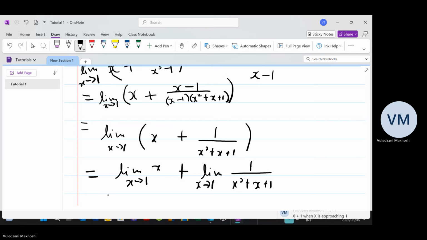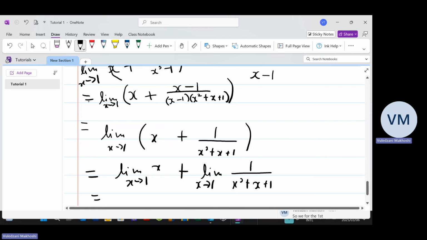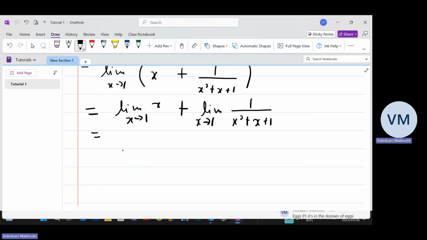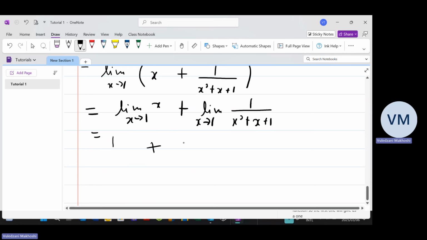So for the first limit, we see that 1 is in the domain of x, which is our function, and similarly here, 1 is in the domain of this function. So the first one will give us a 1. The second part will give us 1 over 1 plus 1 plus 1, which is 1 plus 1 over 3, which is one whole number, 1 over 3.